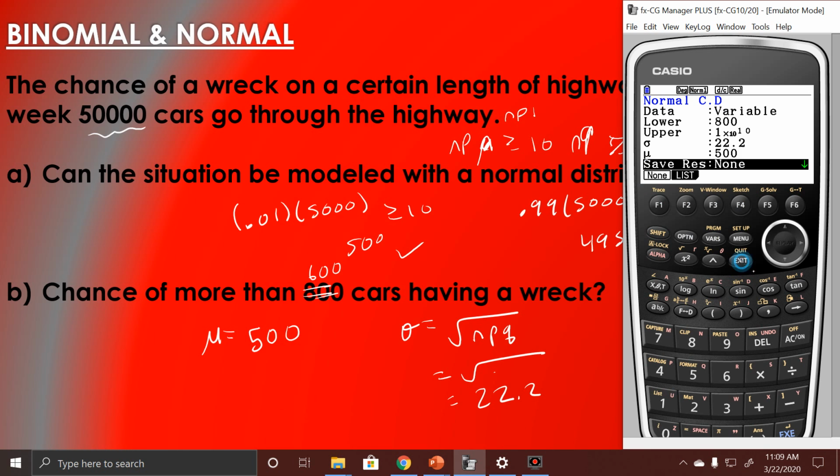So I want lower to be 600. So we want more than 600 cars to have a wreck. Okay, that's getting us a little bit more reasonable there. So 3.3 times 10 to the negative 6.